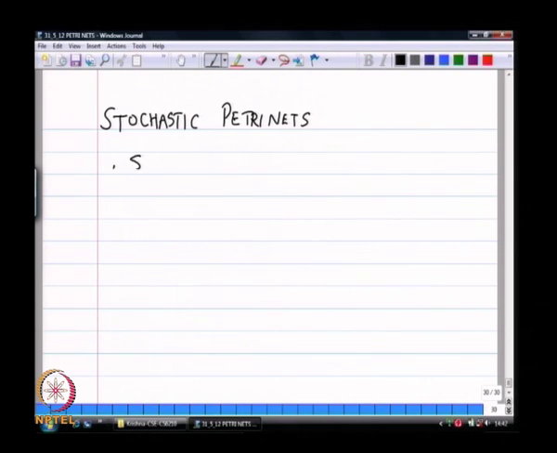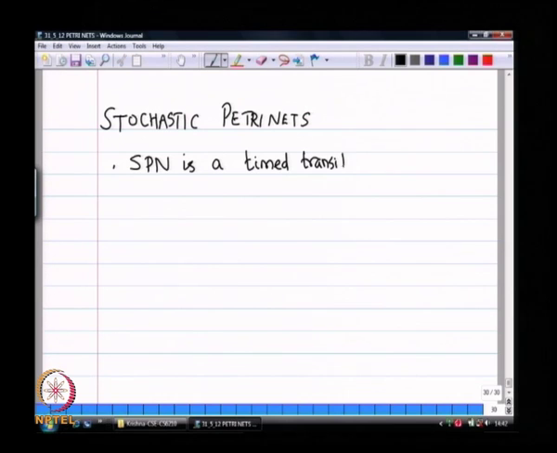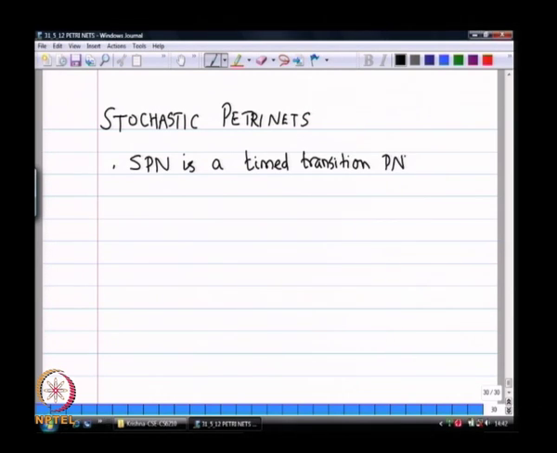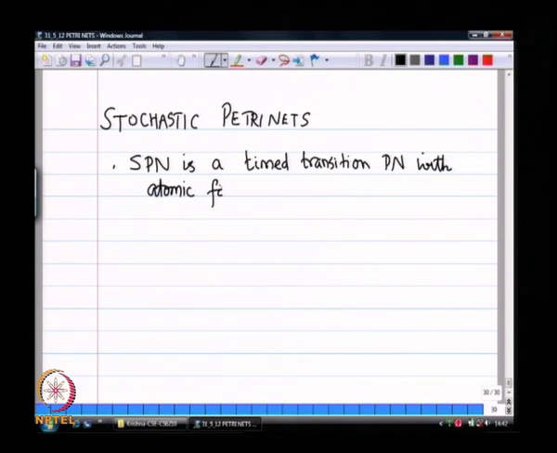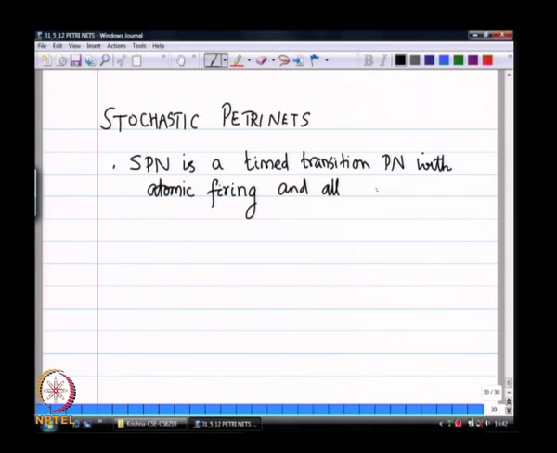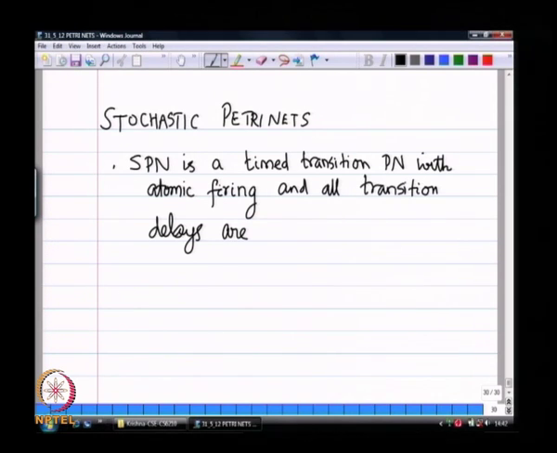Okay. So a stochastic Petri net or SPN is a timed transition Petri net, okay, with atomic firing and all the transition delays, okay, all the delays associated with all the activities are distributed with some well known random variable distribution, and what might that be?